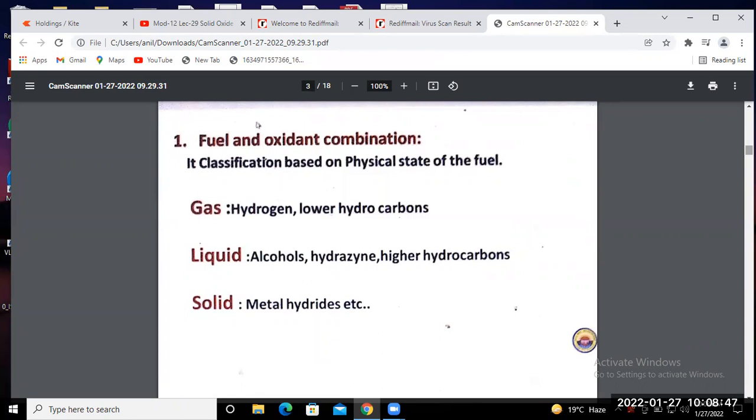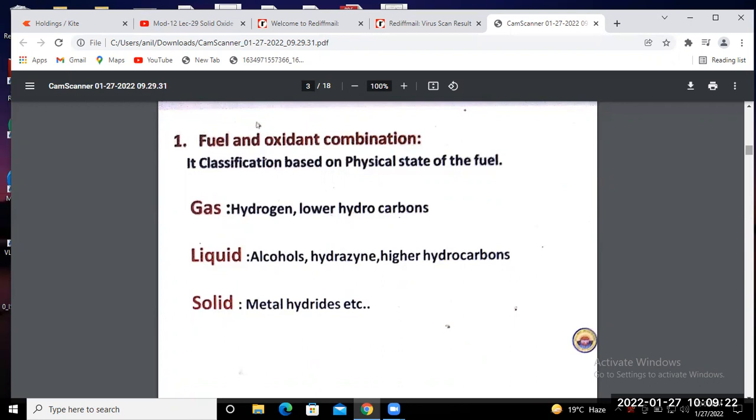First one, that means the fuel and oxidant combination. So, classification based on the physical state of the fuel. Any material can physically exist in three ways: gas form, liquid form, or solid form.